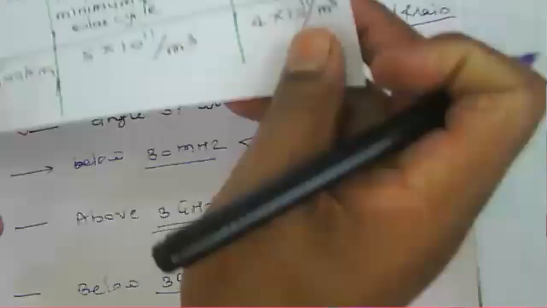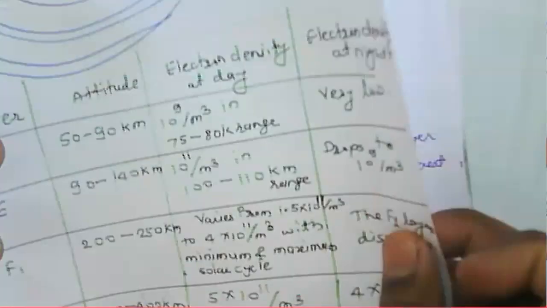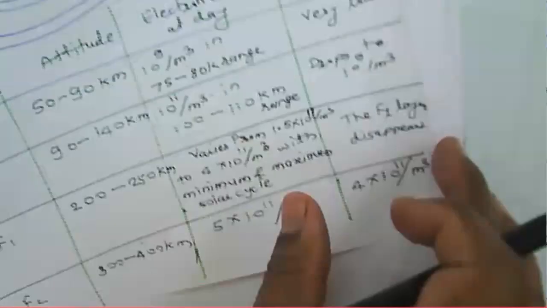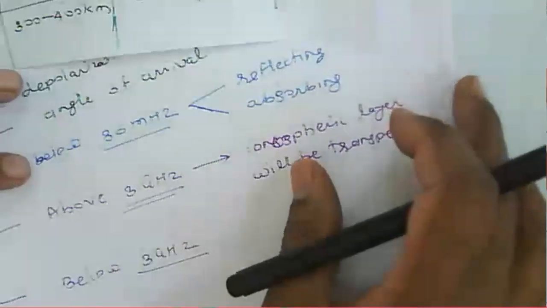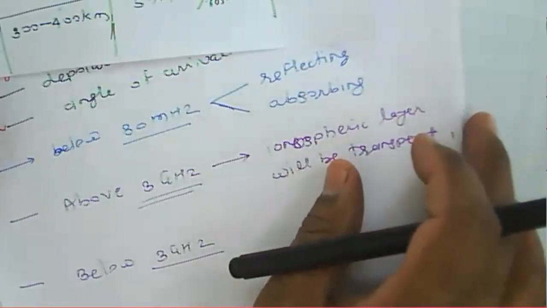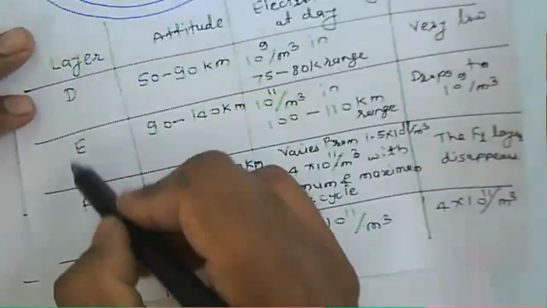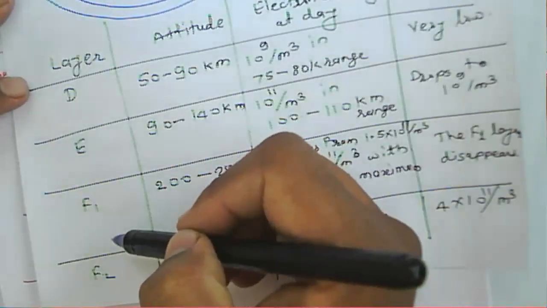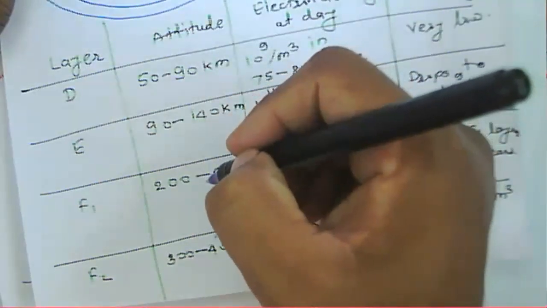So absorption takes place here of the particular signal, because absorption of solar radiation in that particular region takes place. That's why electron density will be different at different times. So we say that there are different layers, and those layers have different altitudes.